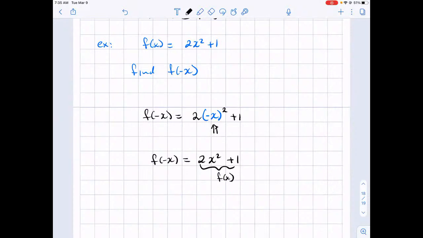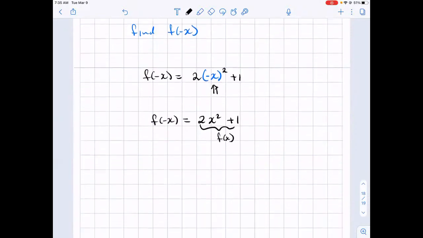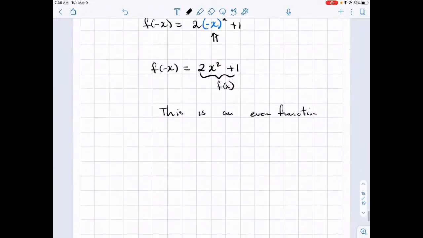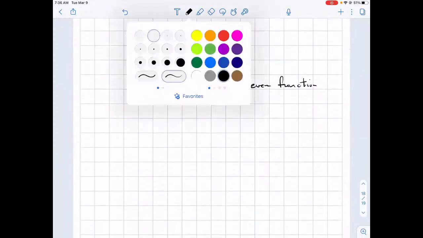So this is an even function. Now, not all functions are even functions. Let's look at this example here.